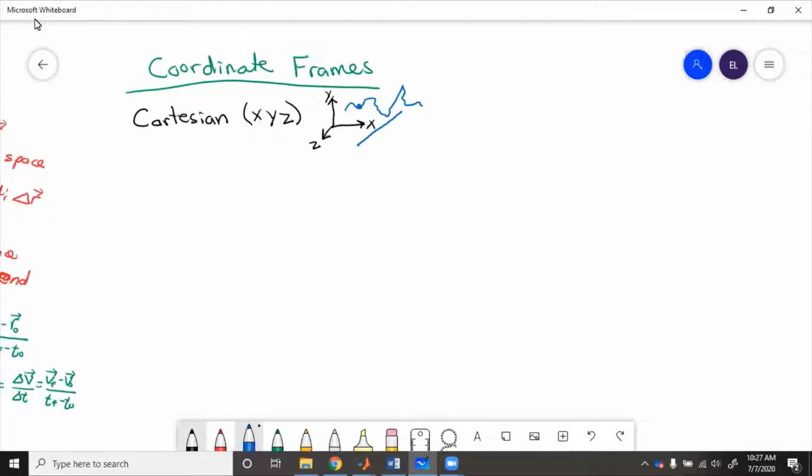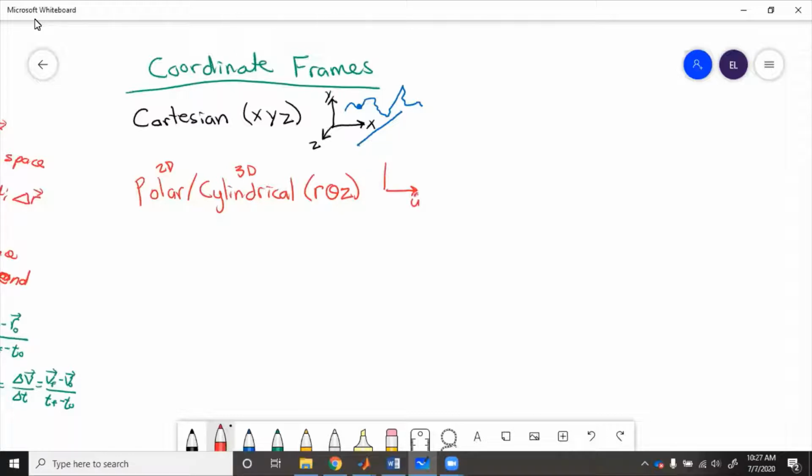Then the second option is polar, also known as cylindrical. So the polar is r theta, and then the cylindrical part, if it's 3 dimensions, so this is 2D, this is 3D, r theta z. So for this, r always points towards the particle.